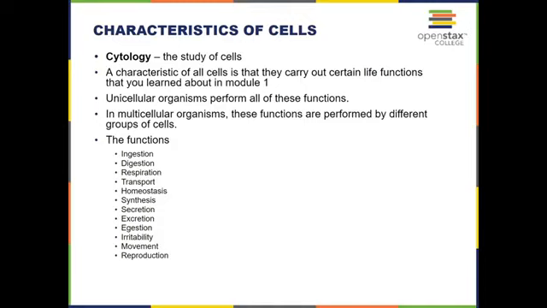So a characteristic of all cells is that they carry out certain life functions, and you've learned about some of those already back in Module 1. There are different unicellular organisms that can perform all of these functions by themselves. Other cells form tissues and then form organs in order to carry out an organism's life functions. So you can see that in multicellular organisms, these functions are performed in a shared manner.